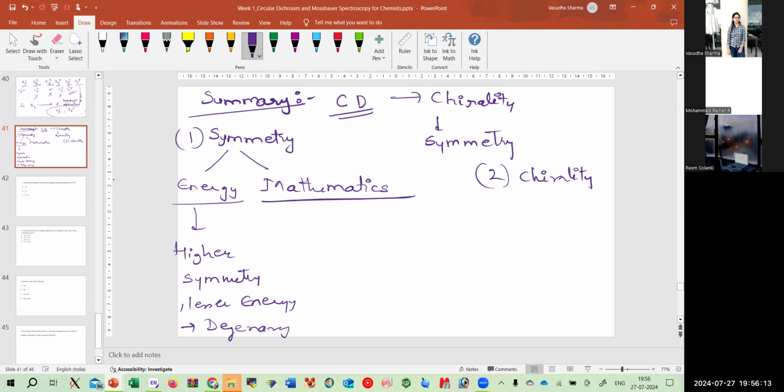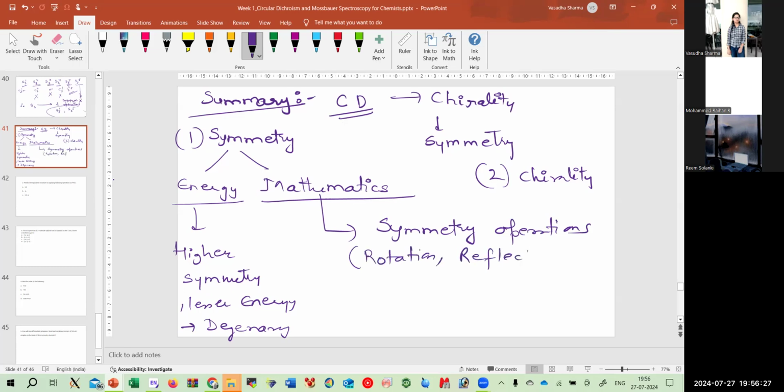In mathematics, we talked about symmetry operations, and symmetry operations contain rotation, reflection, and symmetry elements, the entities that we say are an axis, a line, a plane, or a point, something like that.